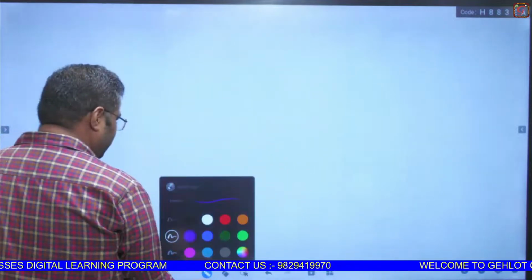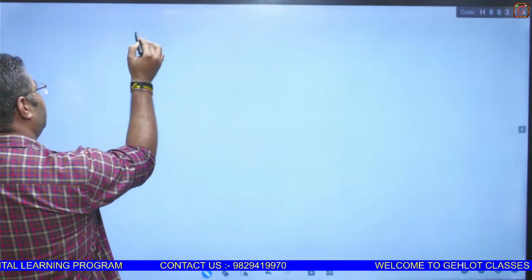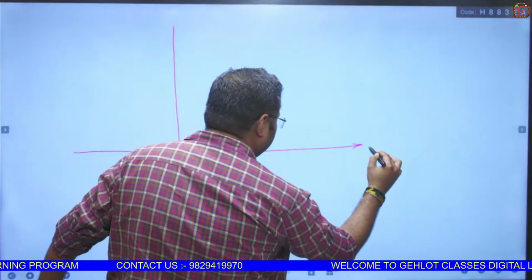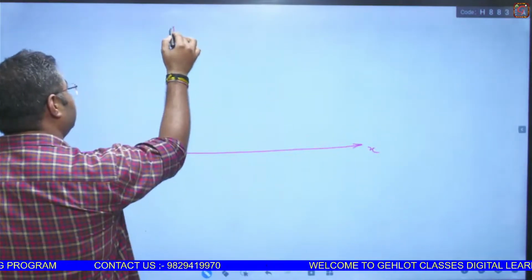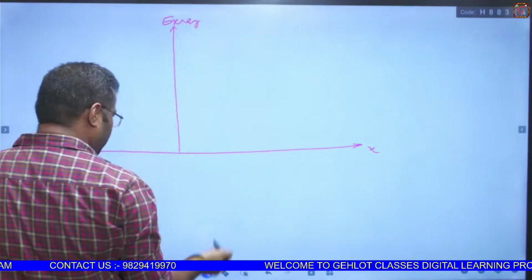Now, if we draw the graph of total mechanical energy or the total energy and displacement, so this is x and this is energies associated with all the terms.